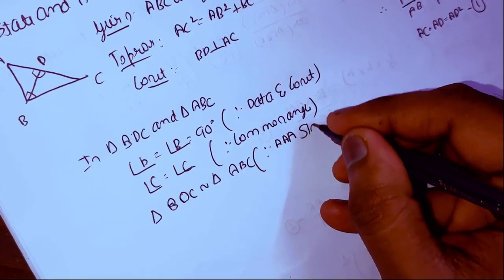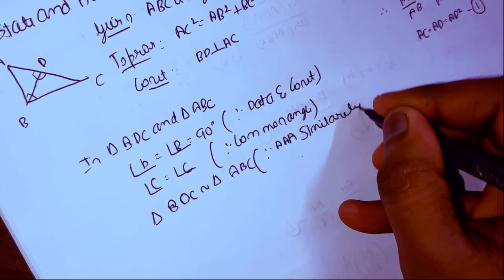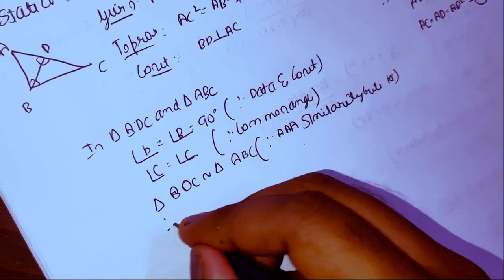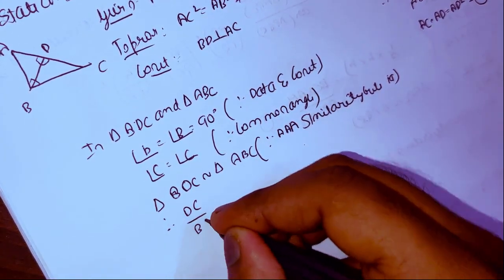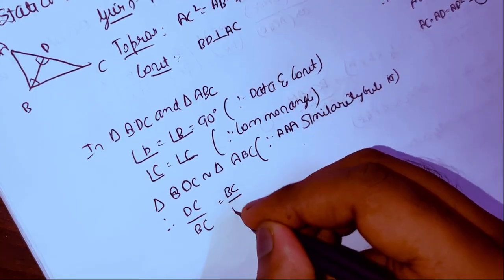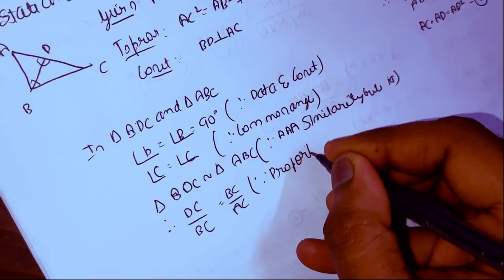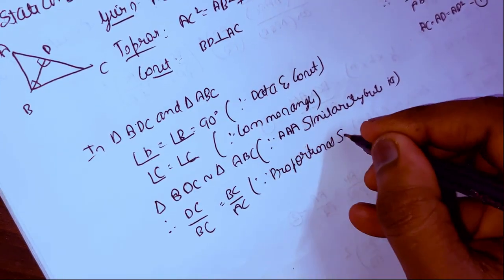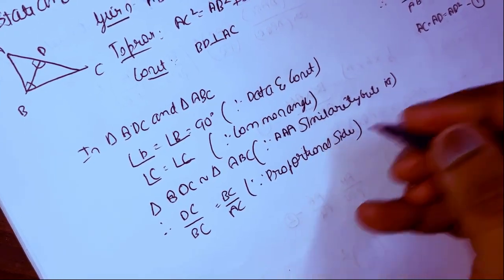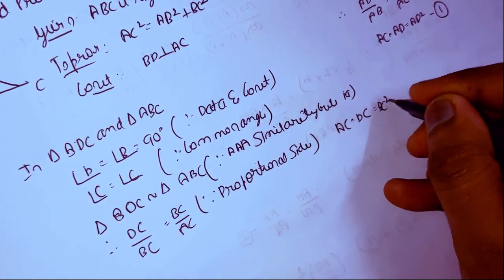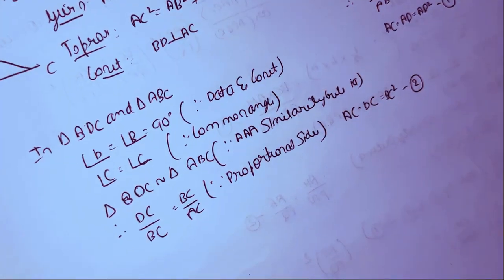Angle similarity criteria. That gives DC by BC is equal to BC by AC, that is by proportional sides. So you can write AC into DC is equal to BC square. Consider this as the second equation.